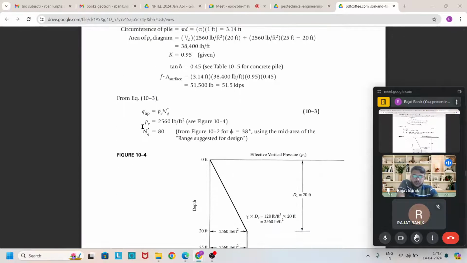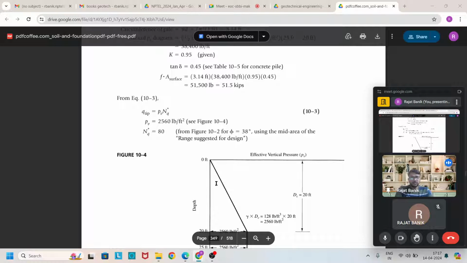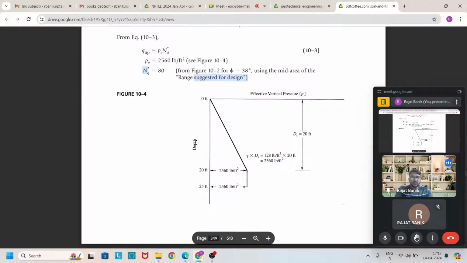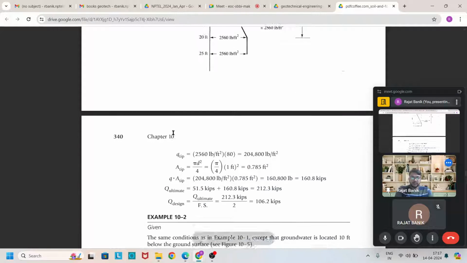Then you have to find the tip resistance, that means the end bearing resistance, which is equal to Nq sigma_v pi by 4 d square, where sigma_v is the vertical stress at the base of the pile. Here it is 2560, and Nq for 38 degrees is 80. Put in all these values to get the tip capacity.